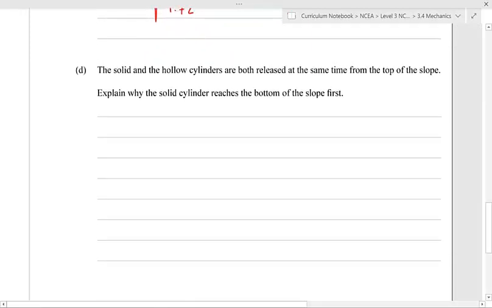The solid and hollow cylinders are both released at the same time from the top of the slope. Explain why the solid cylinder reaches the bottom of the slope first. So the key difference is that they have different rotational inertia.